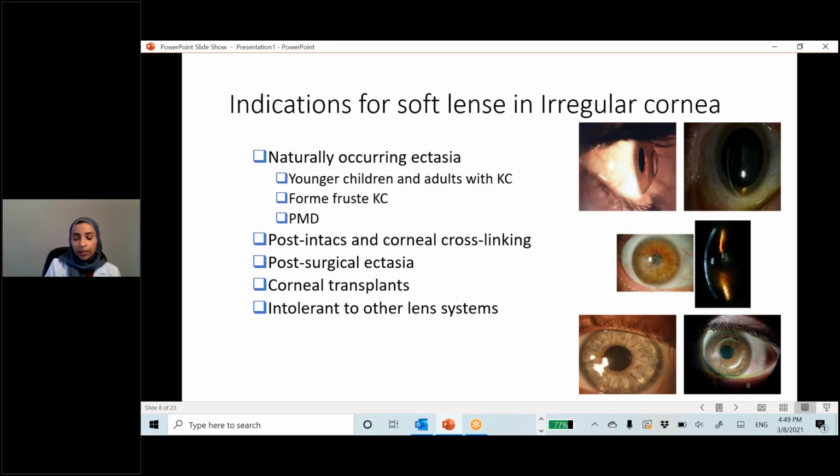They are also candidates for the Kerasoft IC lens.